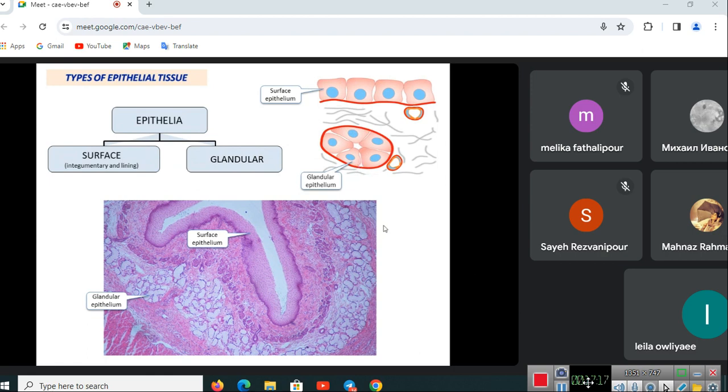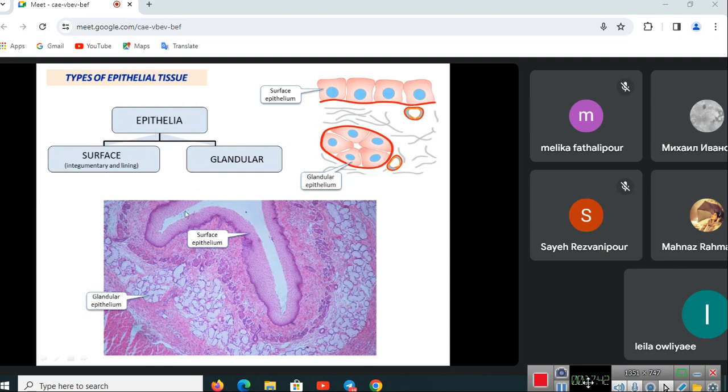And we can find both types of epithelia in some organs. For example, this is the part of the cross-section of the esophagus. Esophagus leads from our pharynx to stomach. So this is the tube which leads to stomach. This is the lumen.